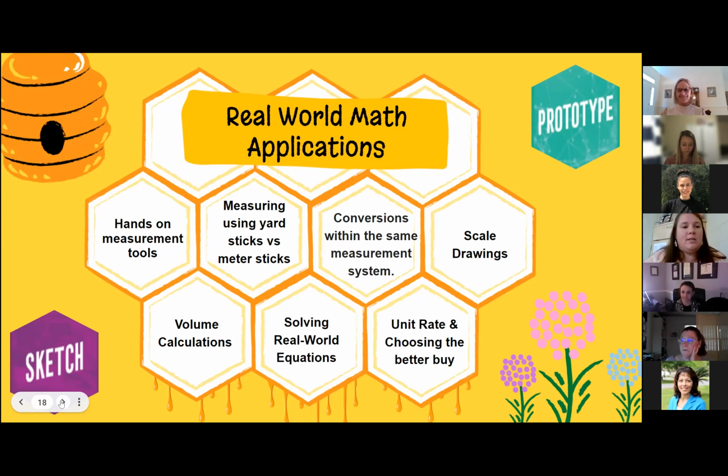So we had a discussion about how the different measurements are, like why it's easier to measure in metric versus US customary, and why we're really the only ones that use US customary, and everybody else uses the metric system. That was good for the kids.